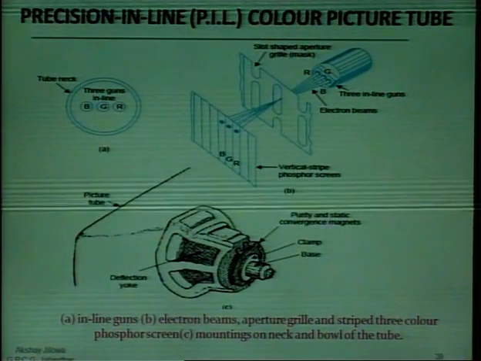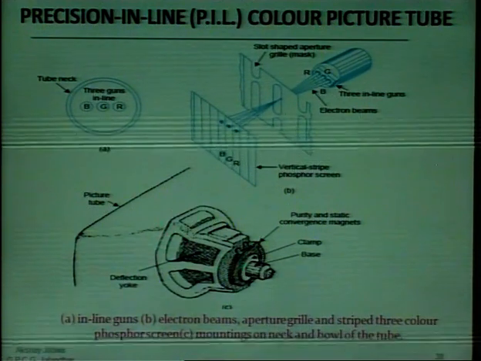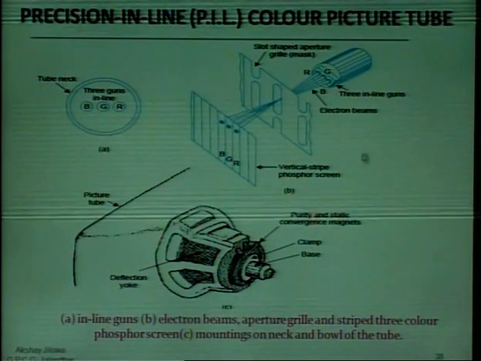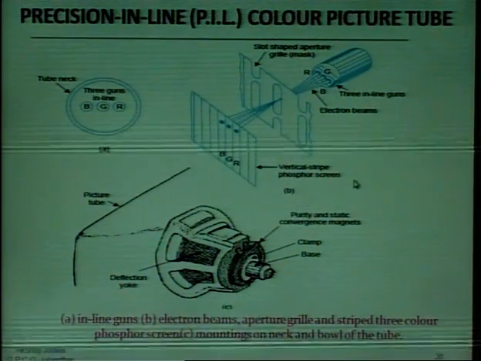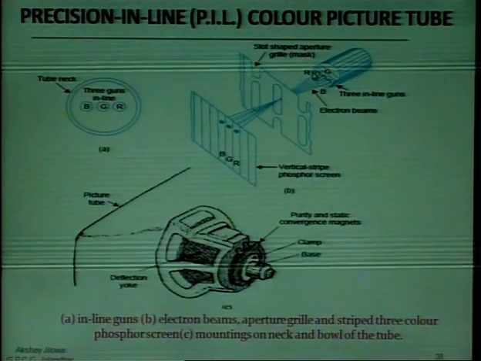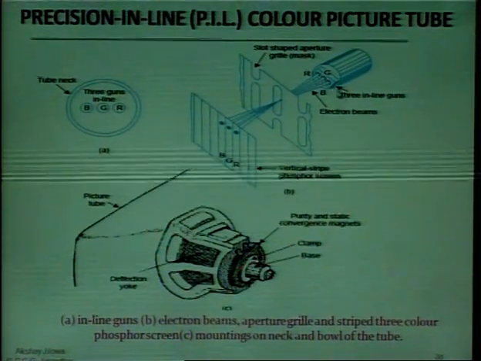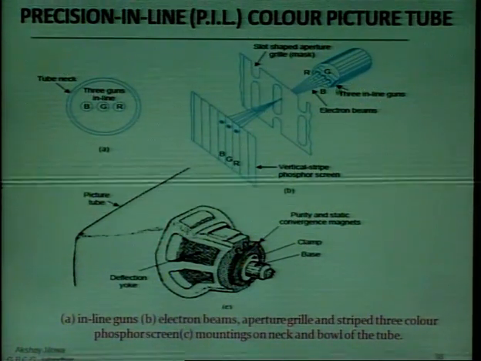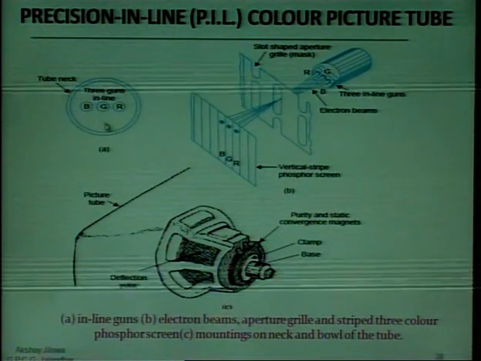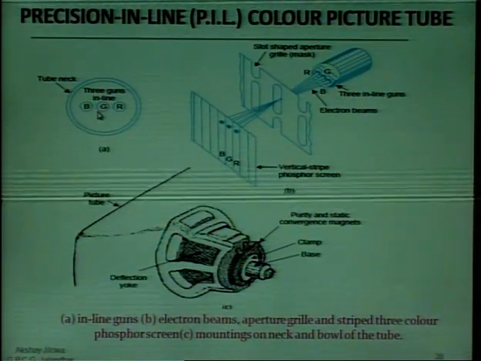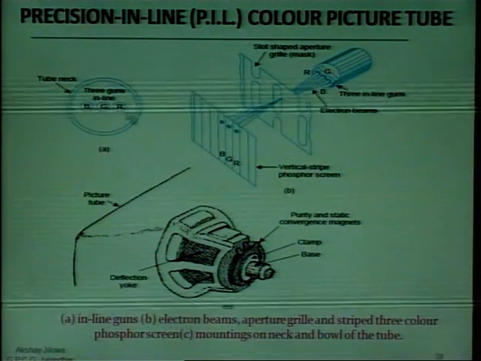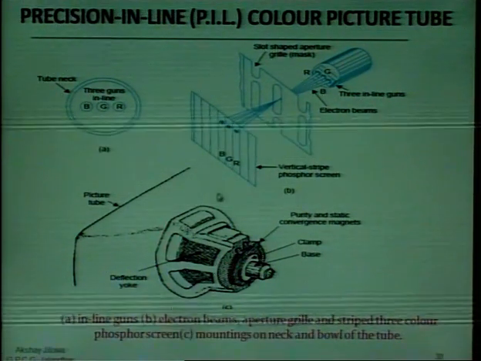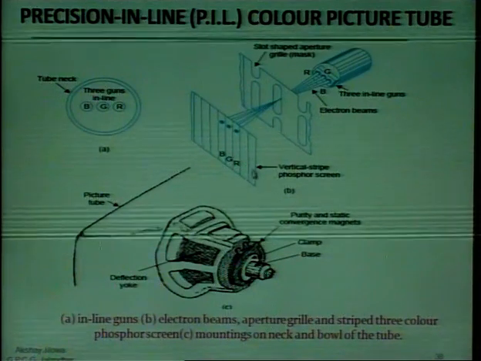To overcome these limitations or drawbacks, the next type of tube which was formed was the precision inline or PIL color picture tube. Here the difference is that these 3 electron guns are placed in a line, that is why it is called 3 inline guns. The blue, green and red phosphors are not coated in the form of dots as in the case of the delta gun. Here they are coated in the form of strips.